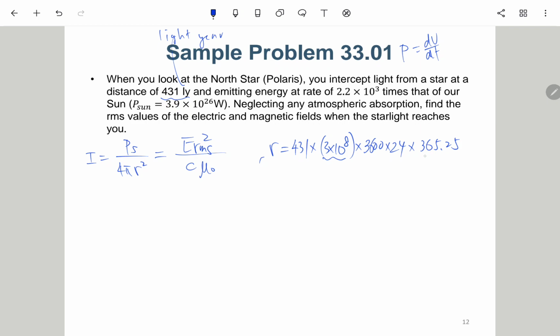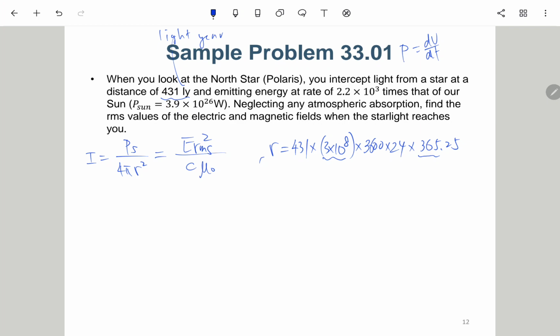Okay, so you may say, some years we have 365, some years we have a leap day, so we have 366. So roughly every 4 years we have a leap year. So it's around 365.25.